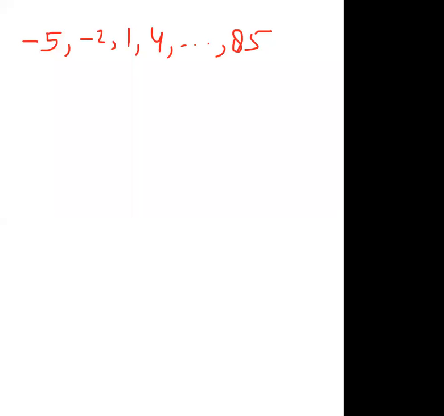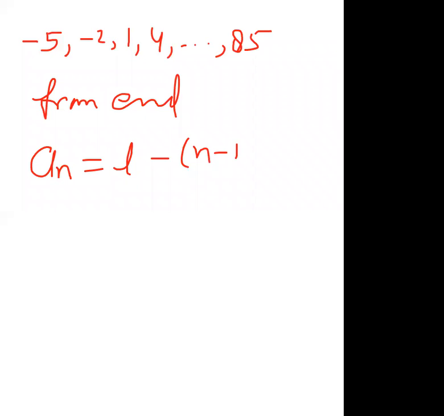We need to find the 7th term from the end. Just now I have taught you the formula: an is equal to L minus n minus 1 into difference d. L is the last term, 85.